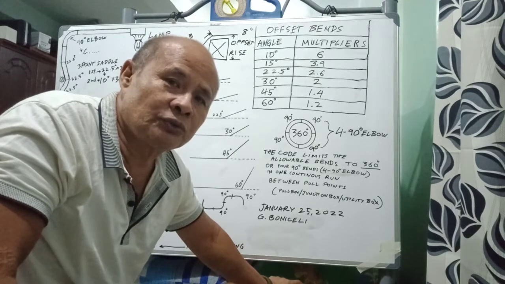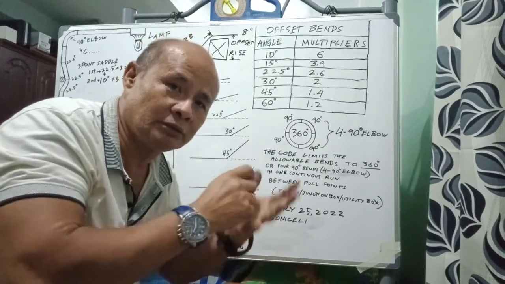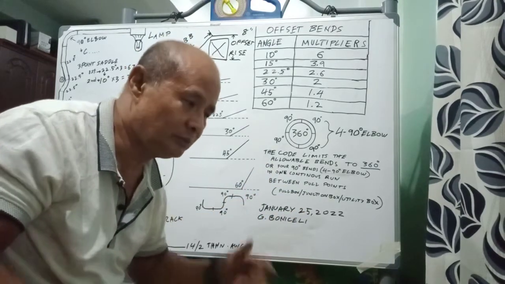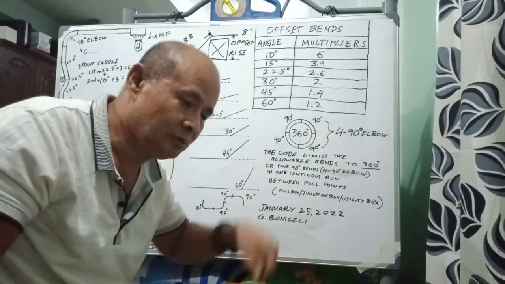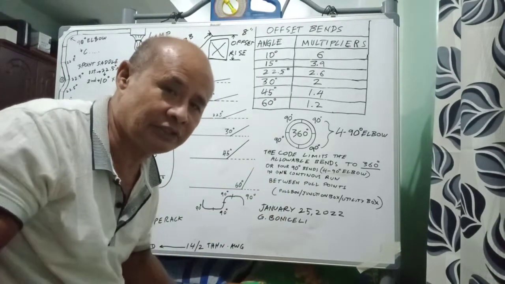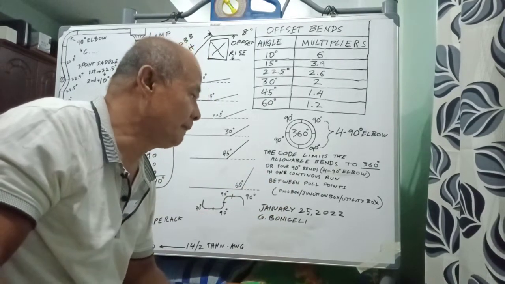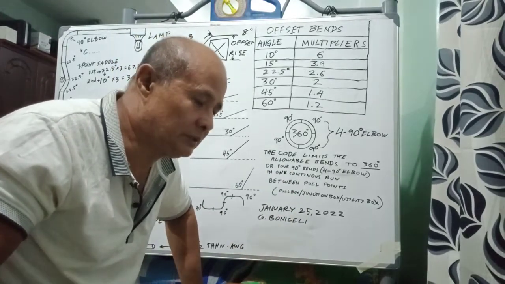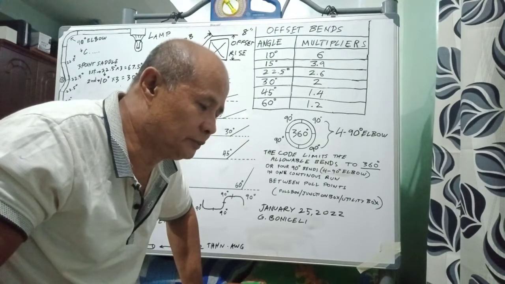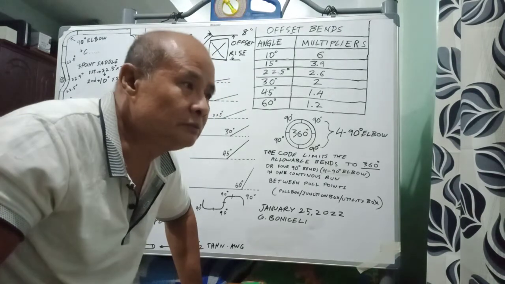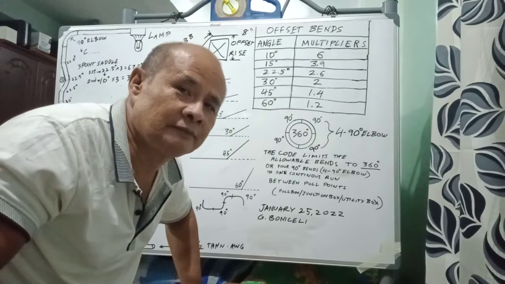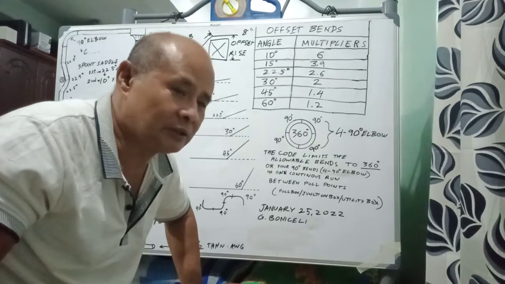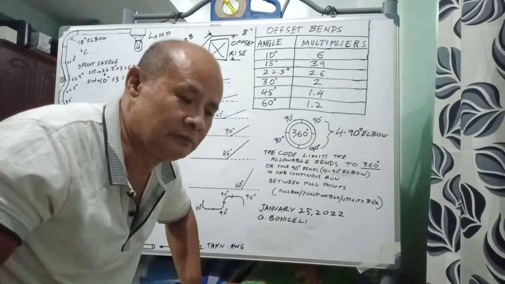But if there are obstructions, then we have to take note, no? How many obstructions, then we do some measurements of the obstructions, the distance, the height, in between pull points. So from that point of view, we can make a plan. It's better to have a plan also before cutting the piping or conduit.